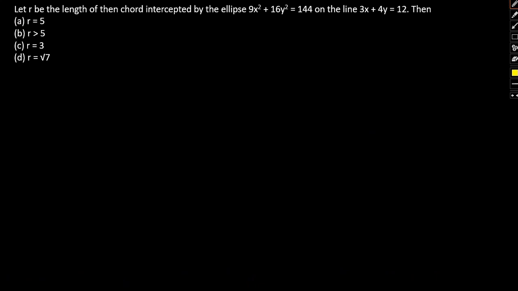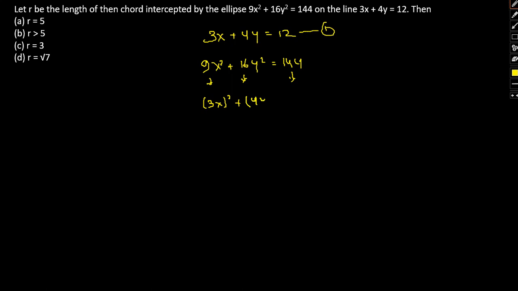So the first equation being 3x plus 4y equal to 12. Say this be 1. The other, 9x squared plus 16y squared equal to 144. If we look at this properly, we can write the same as (3x) whole square plus (4y) whole square equal to 12 square.